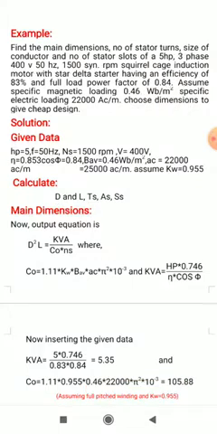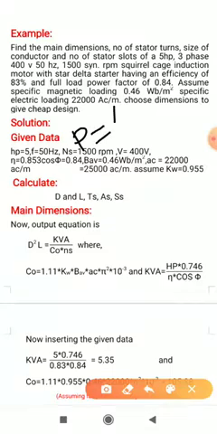So the given specifications of this machine indicate that P for the induction motor is equal to 4. So it is a 4 pole machine, and voltage is 400 volts. Efficiency is 83% and full load power factor is 0.84.